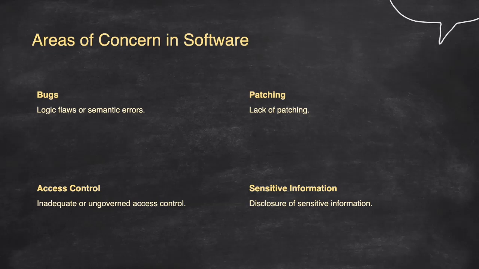Friends, when sensitive information is disclosed, it can lead to identity theft, financial loss, legal consequences, or reputational damage for individuals and organizations. So protecting sensitive data is critical, and measures such as encryption, strict access control, and secure data handling practices are essential to prevent unauthorized disclosure and maintain privacy.